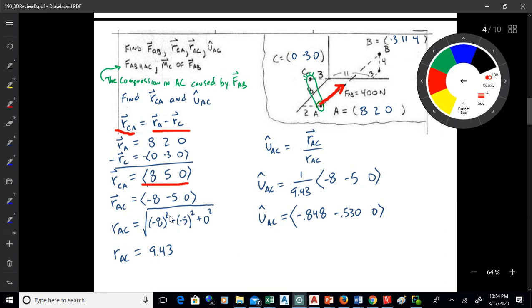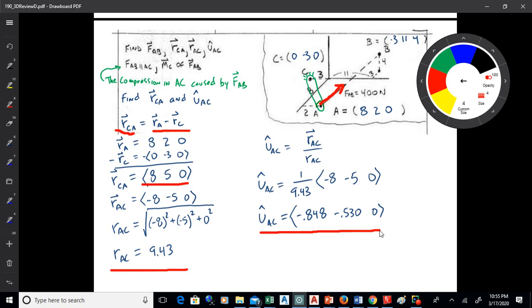It's -8, -5, 0. Square root of the sum of the squares gets you the length, 9.43. Divide the position vector by the magnitude and you get the unit vector. That's the unit vector that goes from A to C, -0.848, -0.530, and 0.